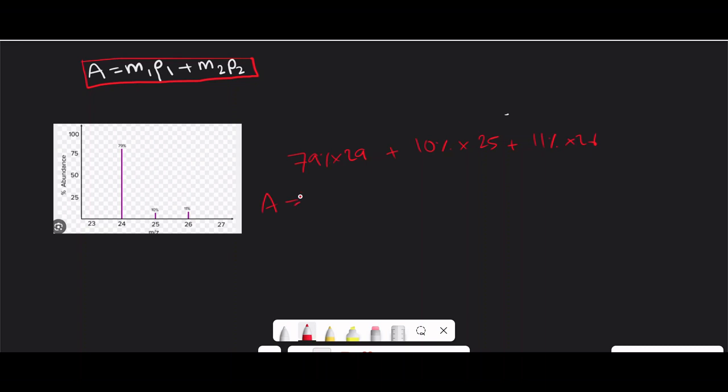And if we calculate that, we can find the average atomic mass, which comes out to be 24.32. Now, just by looking at this average atomic mass that we have calculated, we can say that it is actually close to the first isotope, the lightest isotope, as is also visible from this graph, where we see that the relative percentage abundance is 79.